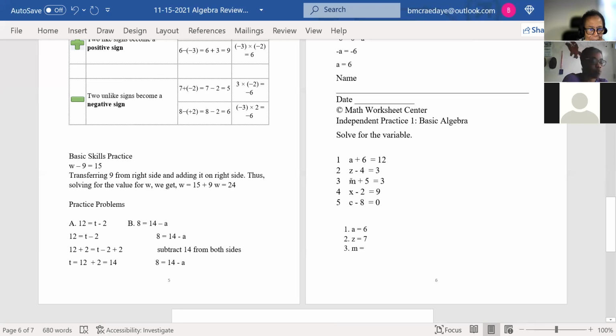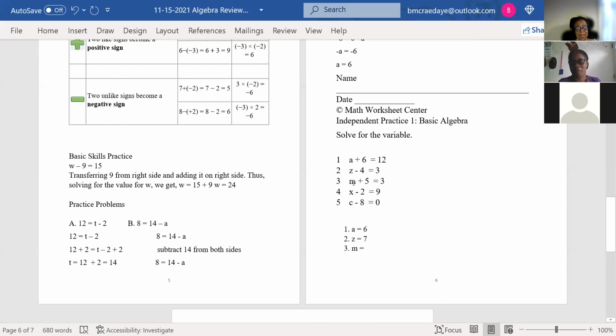What number represented by variable M adds to 5 to give 3? 2? 5 and 2 is 7. 8? 8 and 5 is 13.